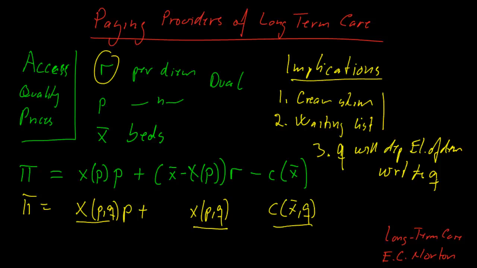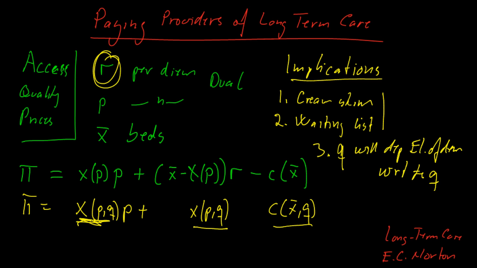Now this has one surprising implication in this framework, because if you increase R, the payment from Medicare, then quality may go down, because let's assume that it's only private demand that responds to quality, and public demand does not respond that well to quality because they don't have the same information.